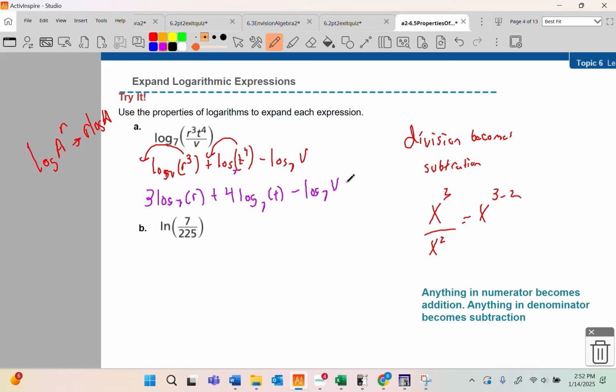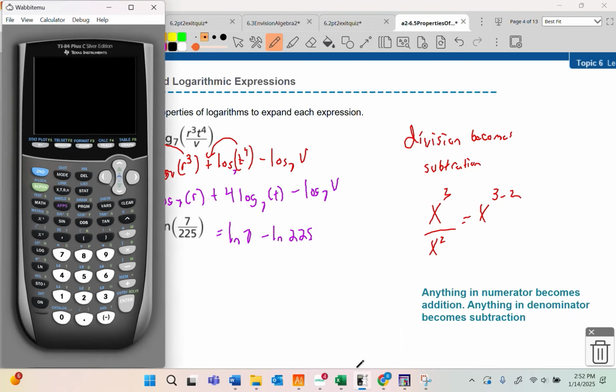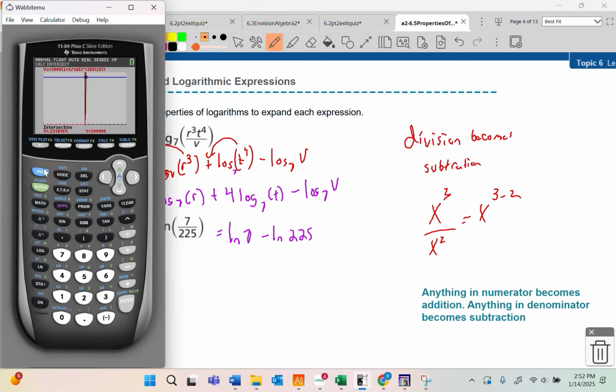The natural log of 7 over 225 would be the natural log of 7 minus the natural log of 225. Now, it's a good place to show you that these properties are true because we have a number. So ln of 7 over 225 is this funky looking decimal.